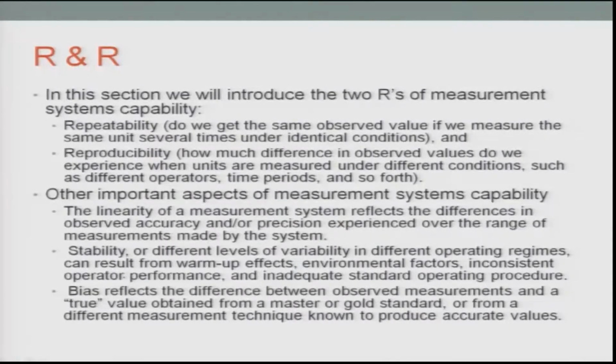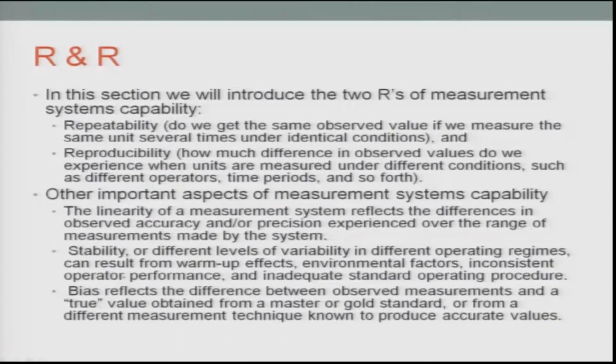Repeatability means that we get the same observed values if we measure the same unit several times under identical conditions. Reproducibility means how much difference in observed values we experience when units are measured under different conditions, such as different operators, time periods, and so on.